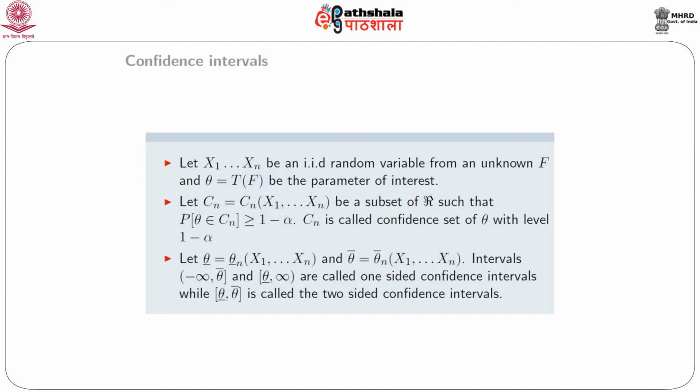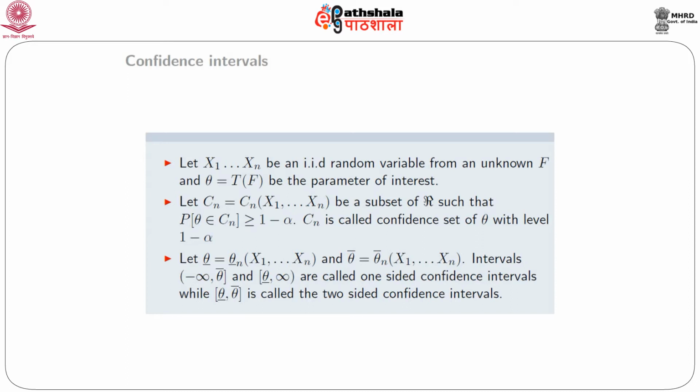Cn is called a confidence set for theta with level 1 minus alpha. The factor 1 minus alpha, which is the probability, is called the coverage probability of Cn. If the strict equality holds, then Cn is a confidence set with confidence coefficient 1 minus alpha. Alternatively, we call Cn a 1 minus alpha confidence set.